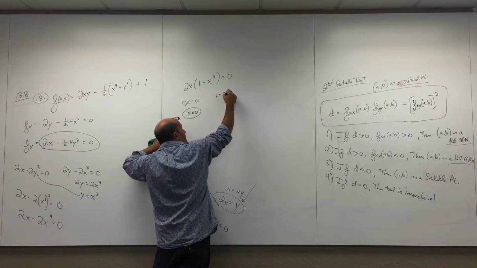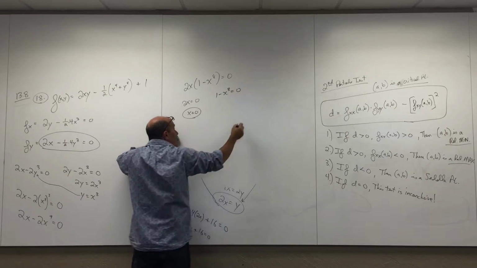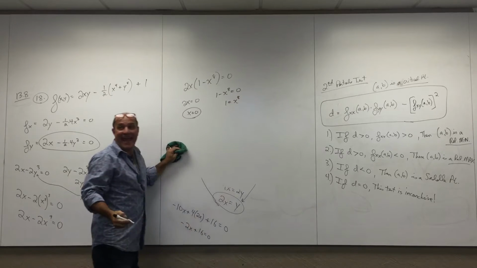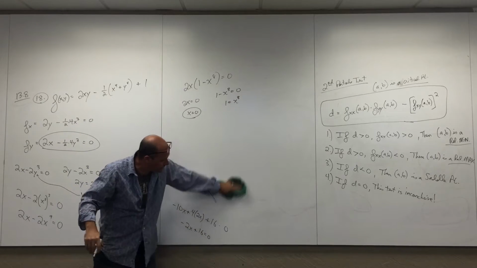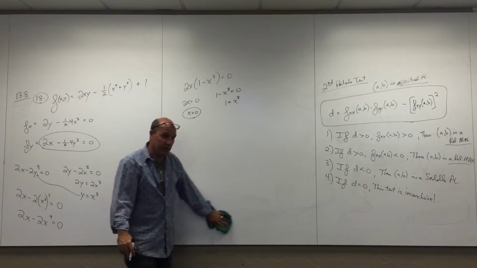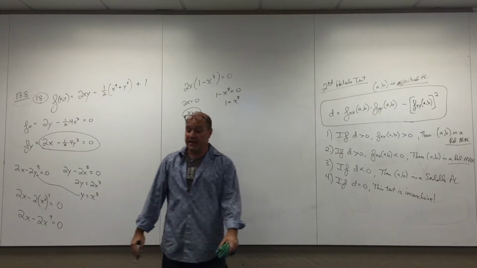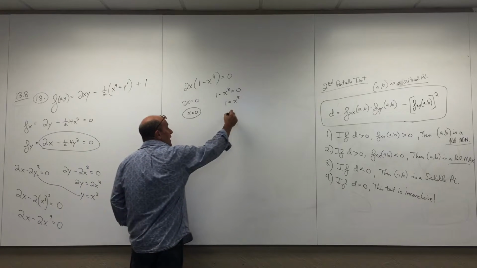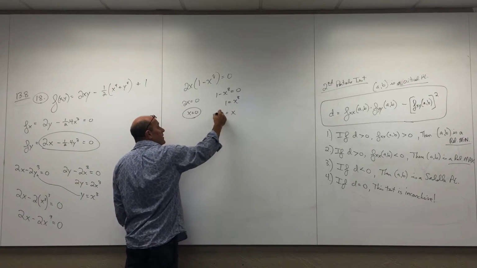I set the 1 minus x to the 8th equal to 0, and maybe I move the x to the 8th over and take the 8th root of both sides. And you know how algebra works. When you take the 8th root of both sides, or any even root, you should do a plus and minus. So x is plus and minus 1.